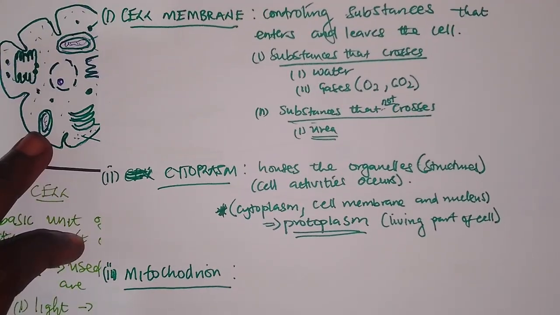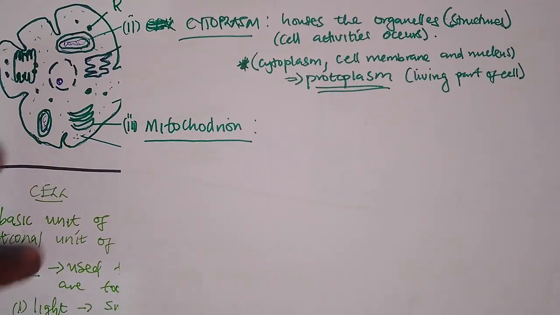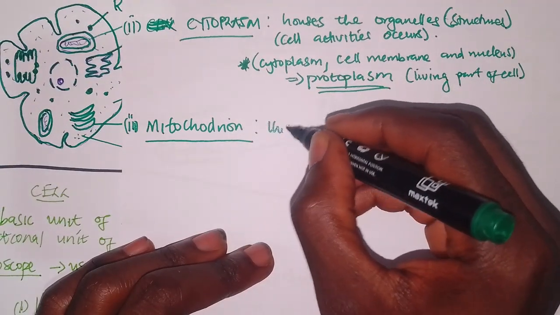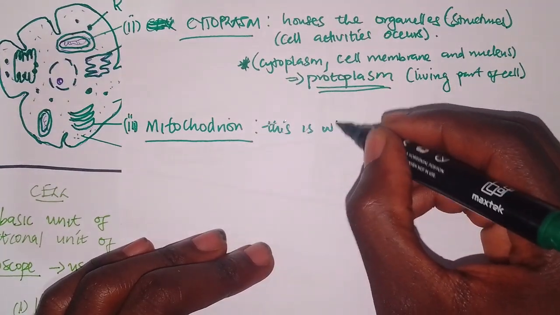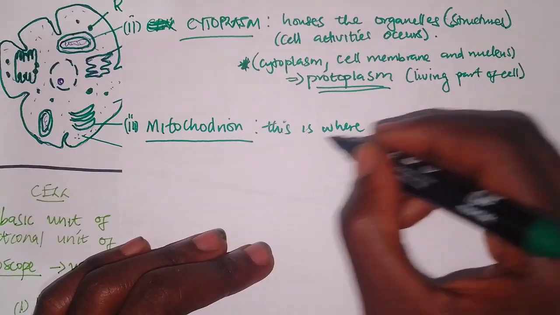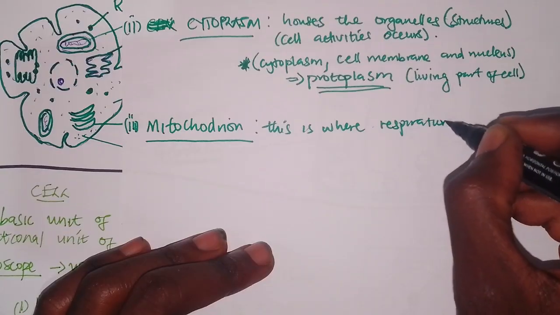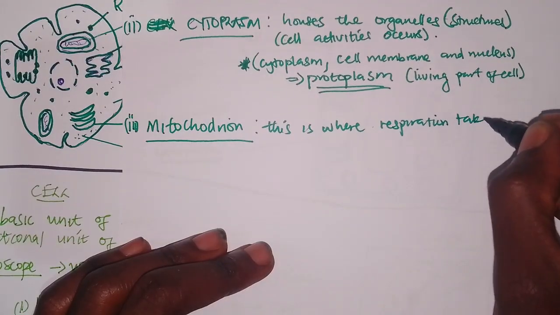Now what is the function of the mitochondria? So the mitochondria, this is where respiration takes place. So you can just say this is where respiration takes place.